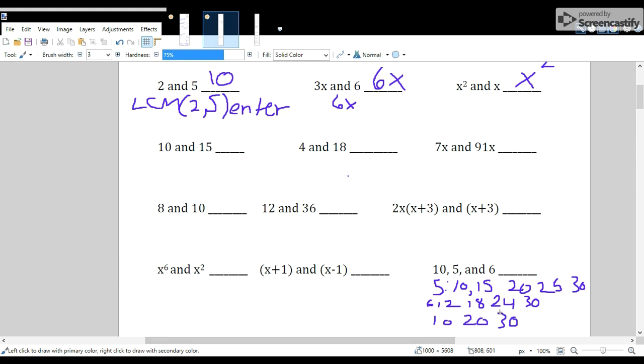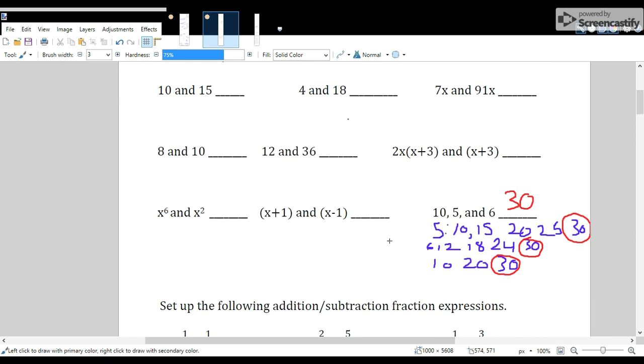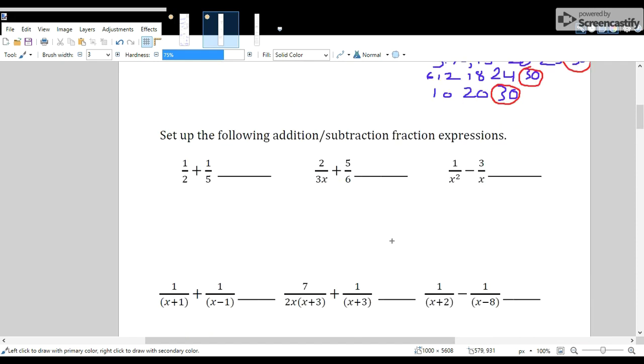So it looks like the least common multiple for these would be 30. So we write 30 here in the blank. Okay, try the rest of these on your own. And let's go to the bottom part.